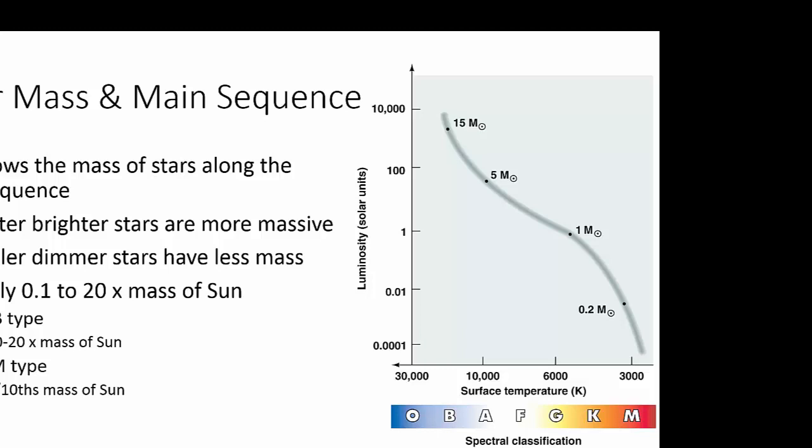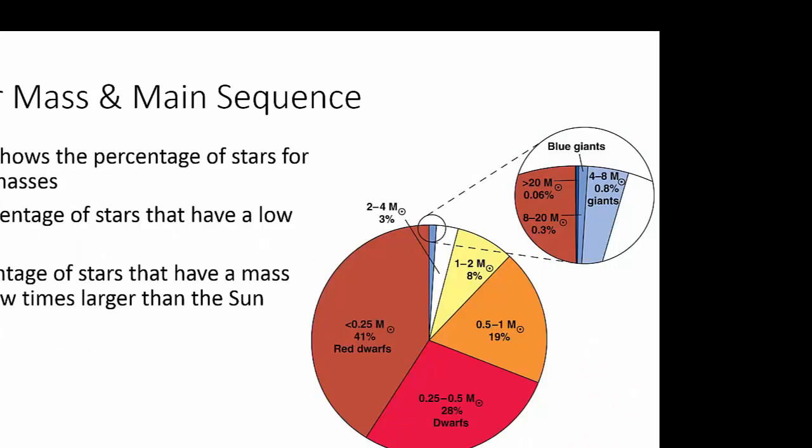If it's higher than the sun, it's going to be more massive. So hotter stars are more massive, cooler stars are less massive. Here you can see red dwarfs and dwarfs in general are the biggest portion of the stars, and the giants are the smaller portion of the stars.